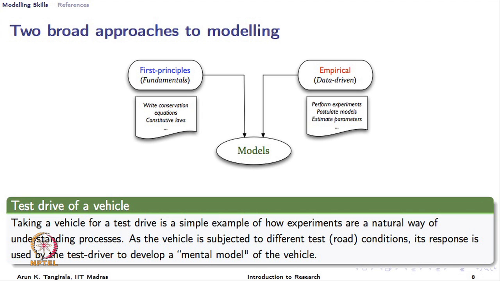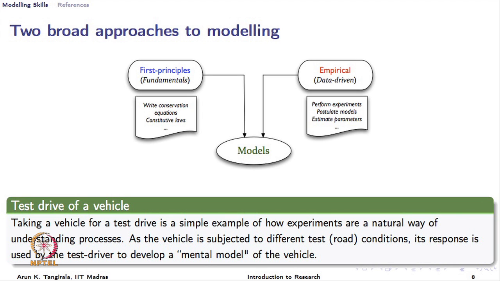So, what we are doing there is we are applying inputs and observing the response of the vehicle, putting it all together in our brain and building a mental model. We may not be able to write an equation there. We are building an empirical model. We are not really building a model of the car from first principles. I am sure that would be a very deadly approach indeed, but we never do it, and we have not seen anyone doing it.